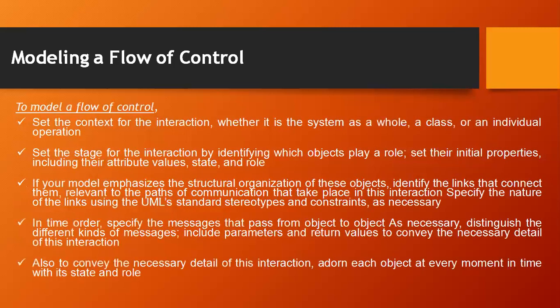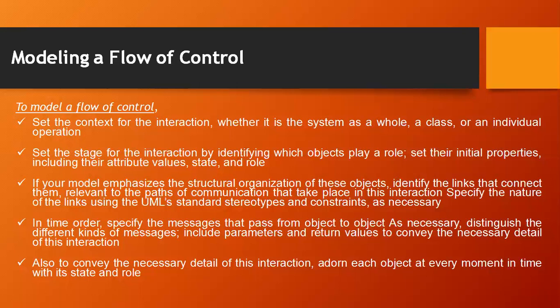Now, let us see modeling a flow of control. To model a flow of control, we need to set the context for the interaction, whether it is a system as a whole, a class, or an individual operation. We need to set the stage for the interaction by identifying which objects play a role. Then we need to set their initial properties, including their attribute values, state and role.